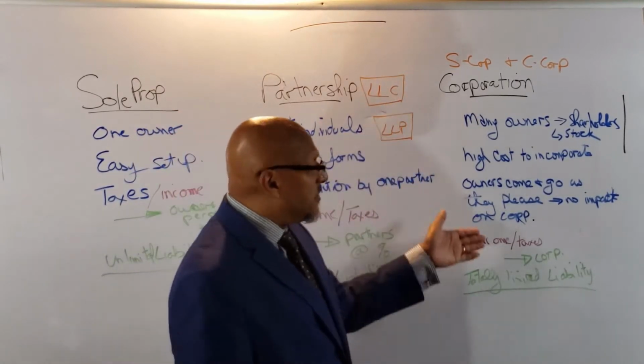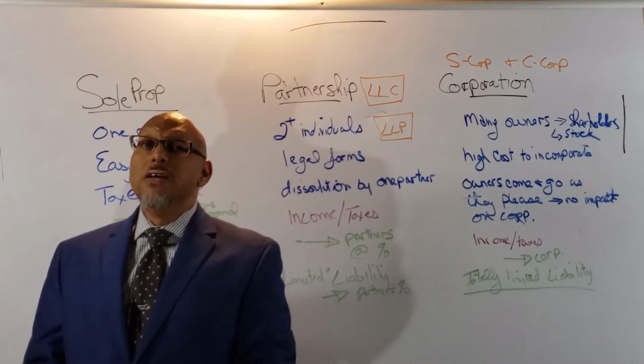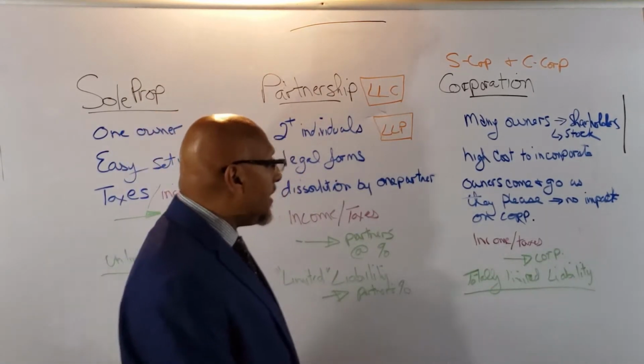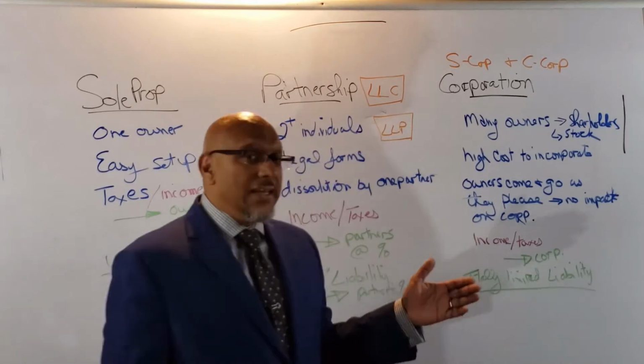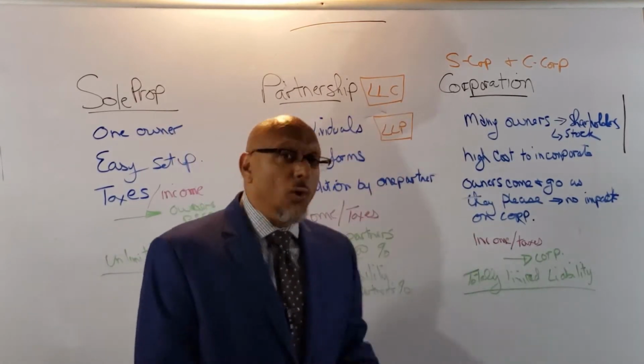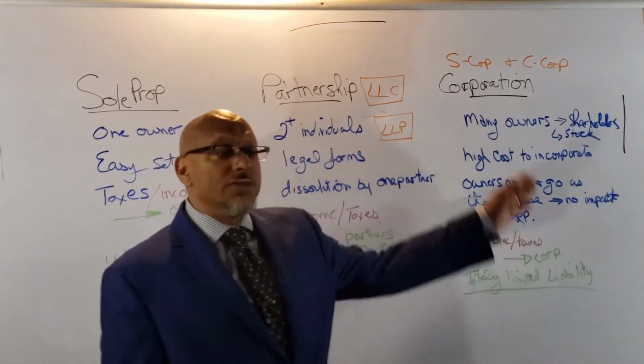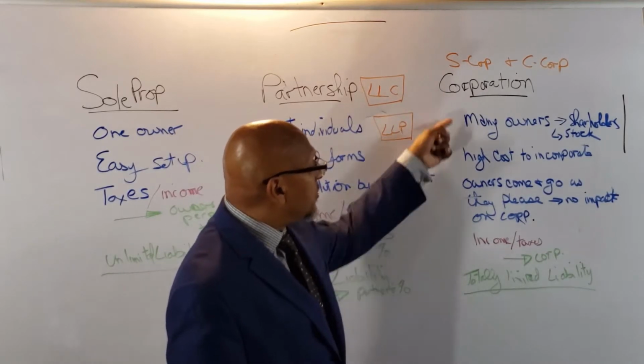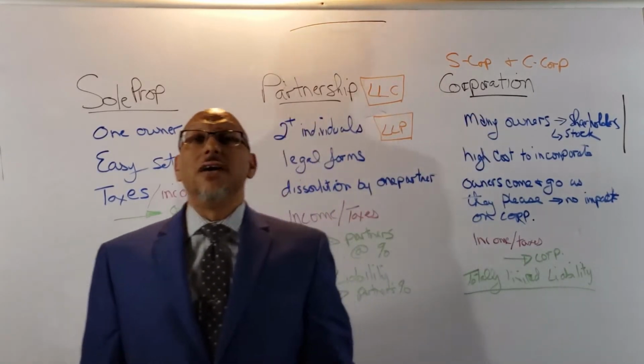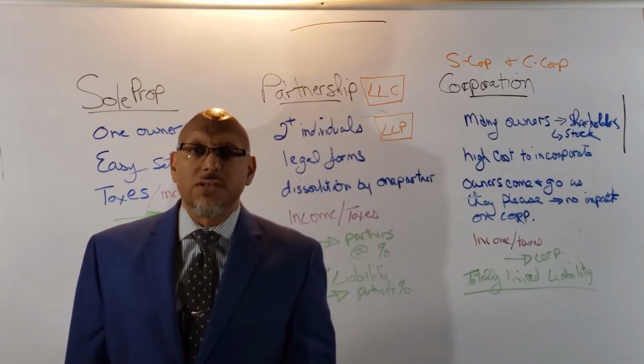So all corporations paid the 40% before, now pay 21%. And the liability of anything that the corporation does is totally limited to only the corporation. The owners or stockholders or shareholders are not liable for anything that the corporation does.